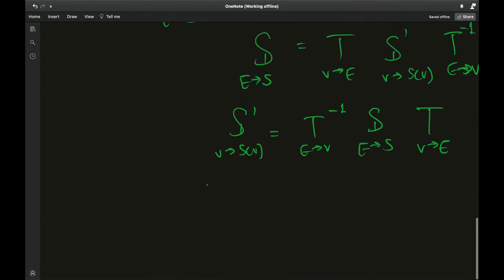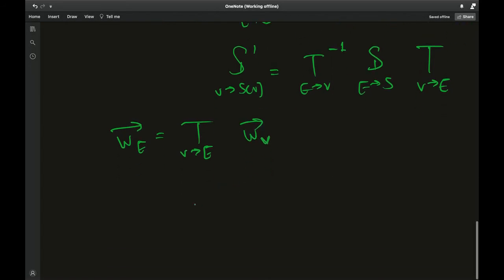So the important thing we learned, at least for now, is that any vector expressed in standard basis is the transformation matrix times the vector expressed in the new basis. And this transformation matrix has the basis vectors as its columns.